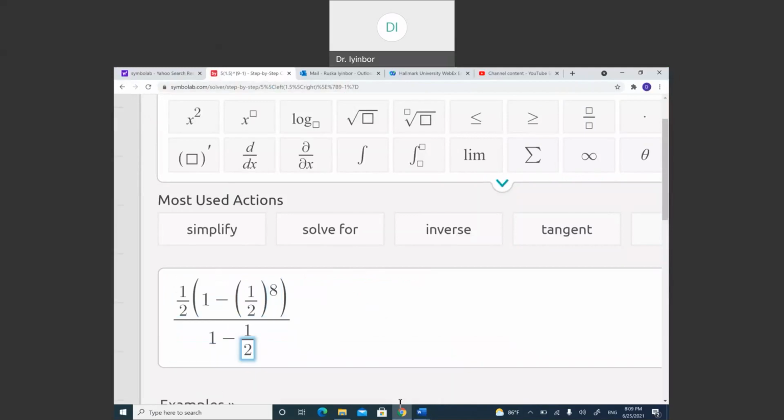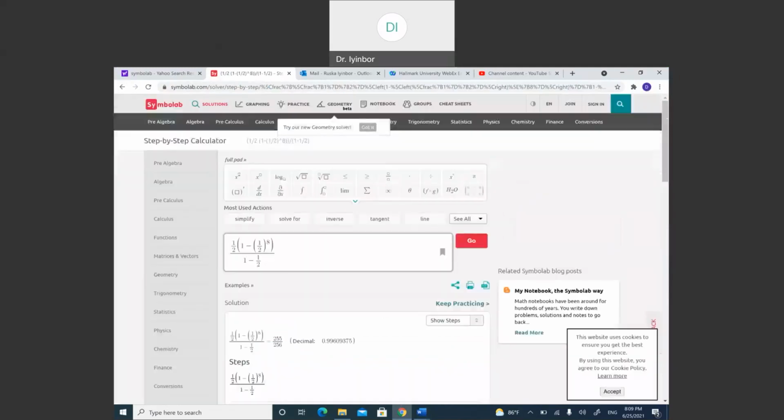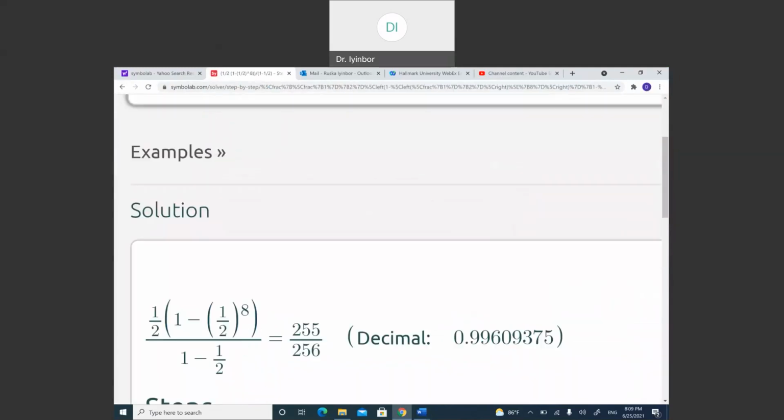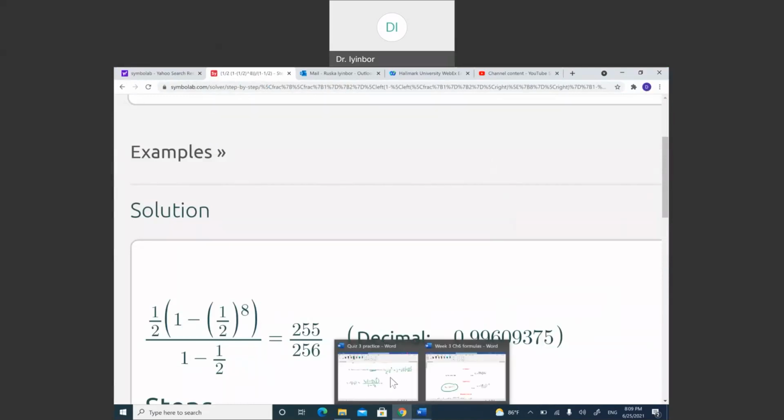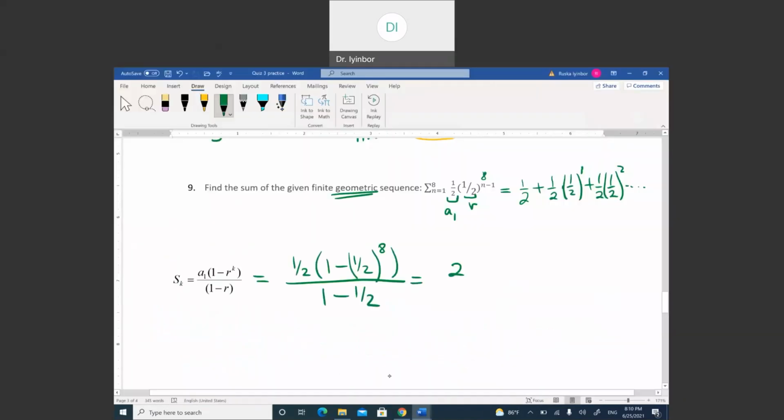So just enter it in this way. It's easier than expanding the sum. And we're going to use the fraction form, 255 over 256. And that's how you get it. Okay?